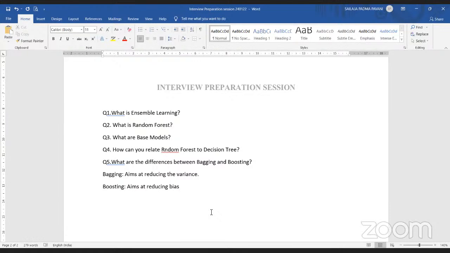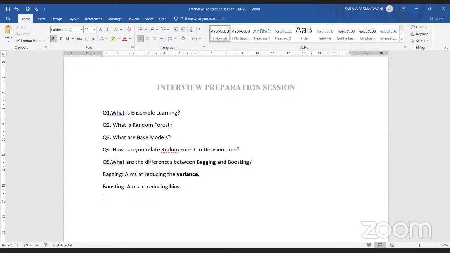So here, bagging aims at reducing the variance, while boosting aims at reducing bias. Okay.